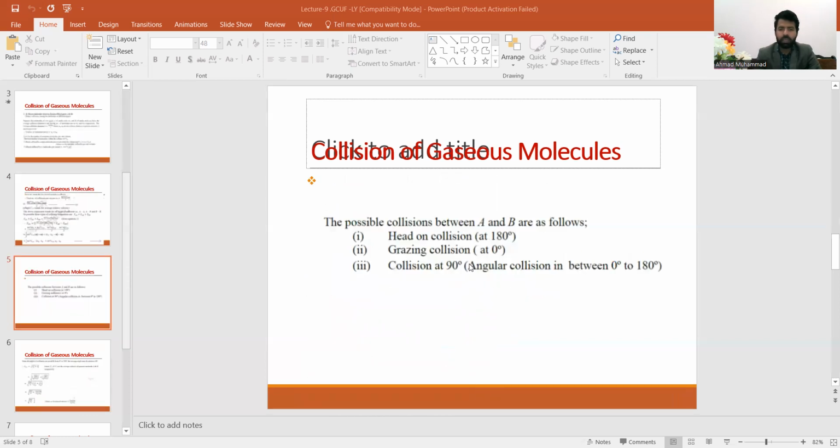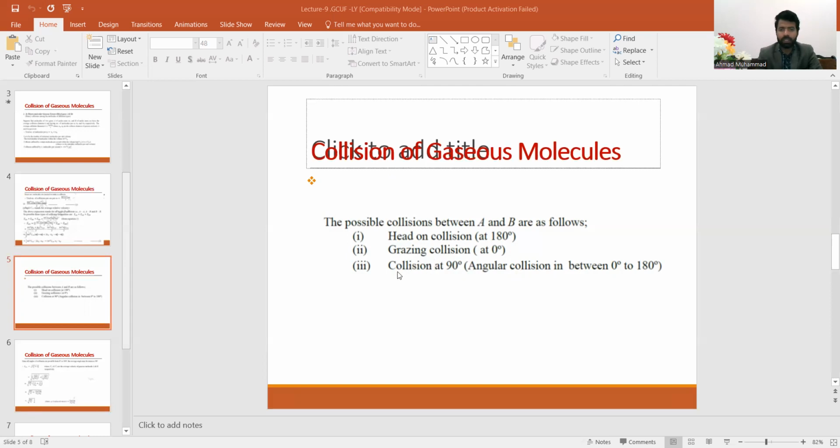So the collisions of gaseous molecules of gas A and gas B also follow three types of collision. Head-on collision, where the collision angle is 180 degrees. Grazing or glancing collision, where the collision angle is 0.